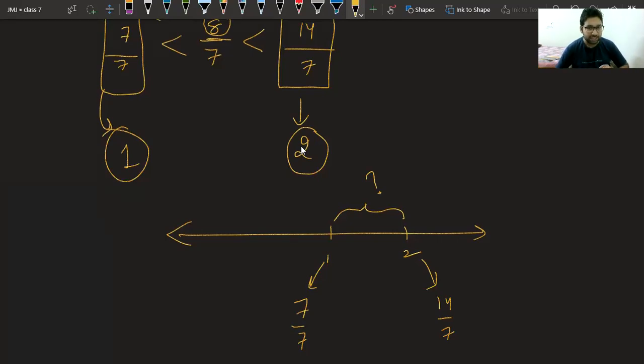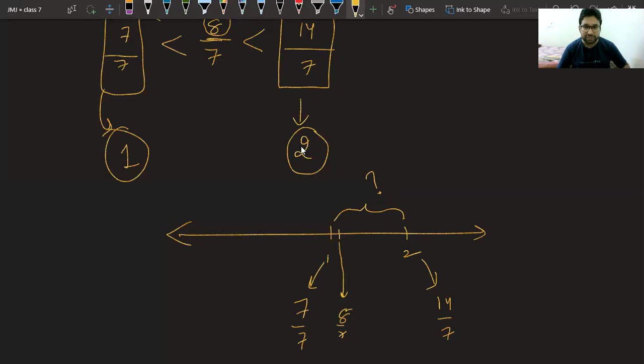Now you can say the next number is how much, class? Please tell me, what is this number? 8 by 7. Very good. Harsh Kumar, Ashima, Ryan Gumbar, Bani Preet Kaur. Okay, all are added now. So this number is 8 by 7.